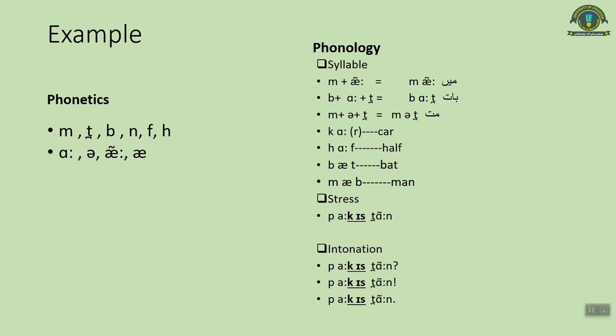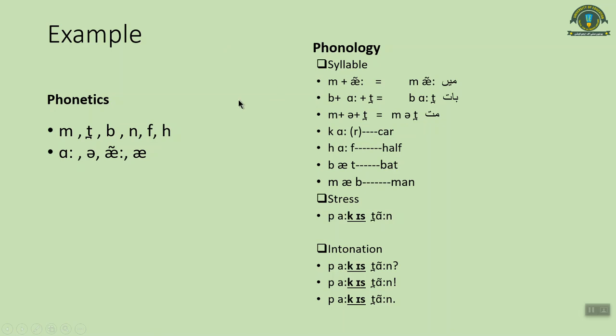You will find some different symbols here, like this t and this an. These symbols are not actually present in English. These symbols are present in Urdu. So phonetics is going to deal with all the languages.